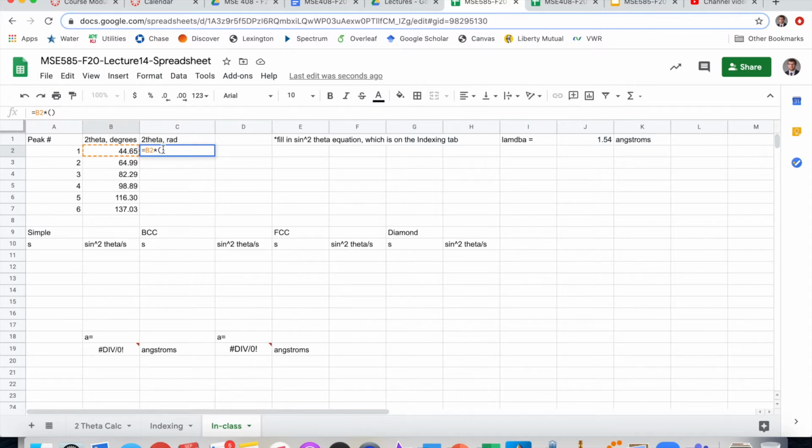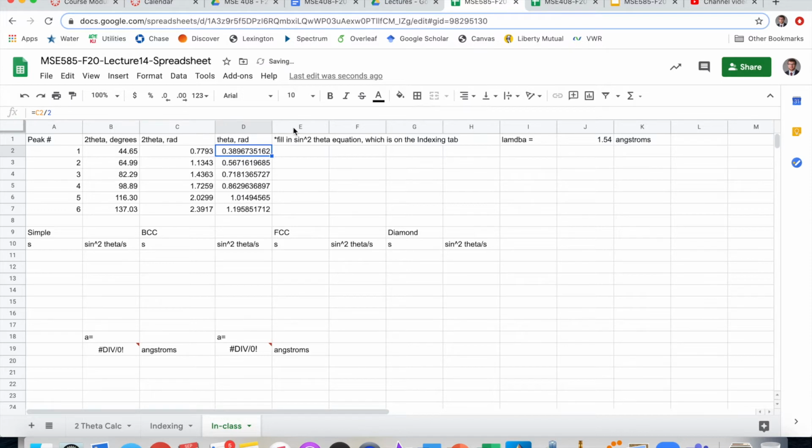So since it's in degrees, we want to do pi divided by 180, and that should give us radians. I extend that below. Then I can also calculate theta, which is simply this divided by 2. Remember that your experimental data is in 2 theta, not theta, so you have to divide.